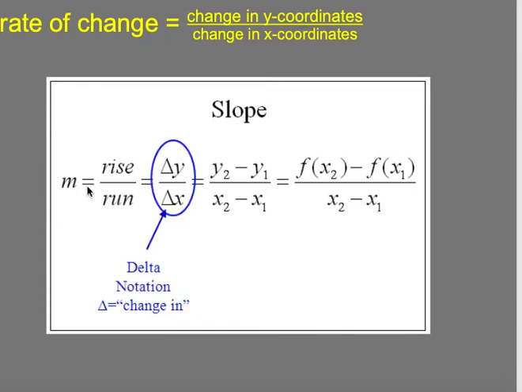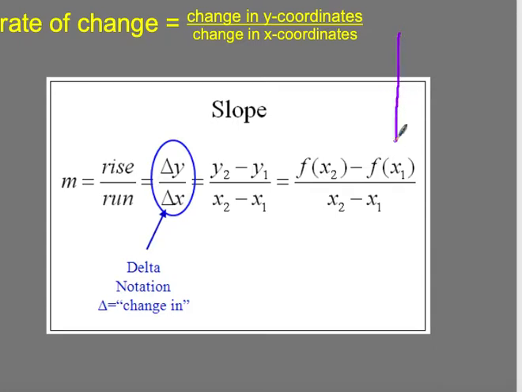Now in algebra, we use m to represent our slope for our equations when we look at the formula for slope-intercept form or point-slope form. But what the slope is representing is the change in the rise over the change in the run. So that's your y coordinates and your x coordinates on a coordinate plane.